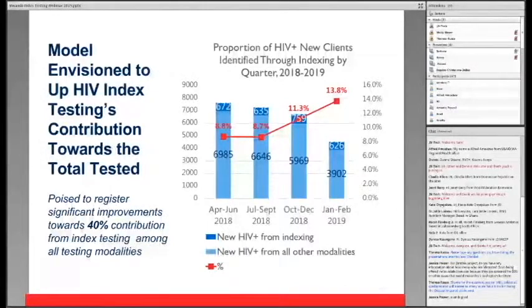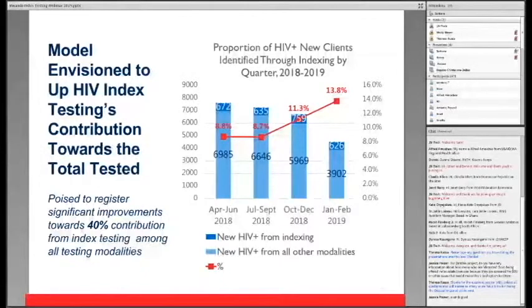So really, if you look at this particular graph, we come from a contribution by indexing of 8.8% in April to June 2018. And as we stand right now, in January to February 2019, we are at a tangible high of almost 14%.